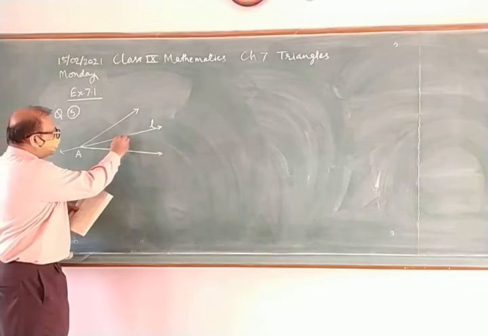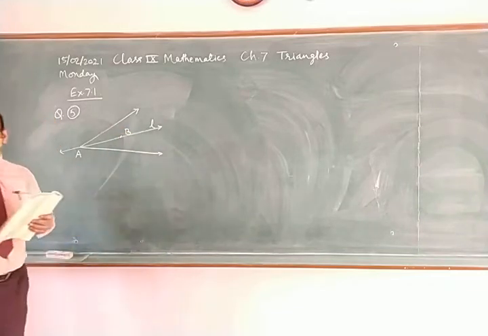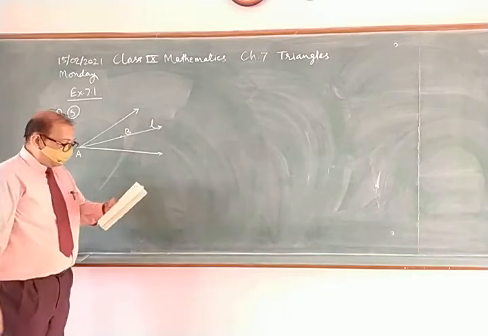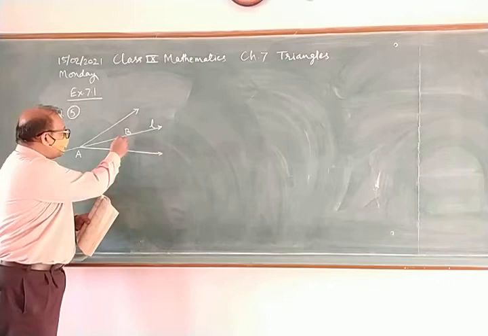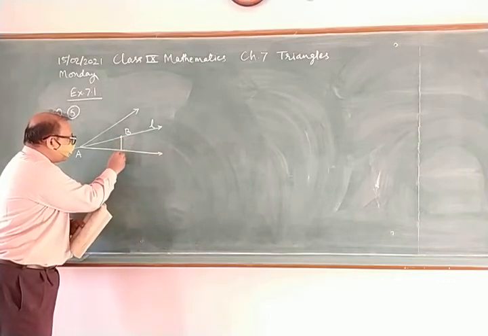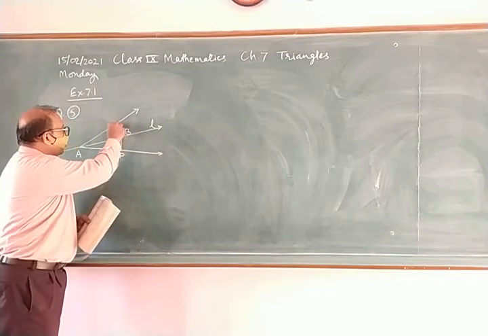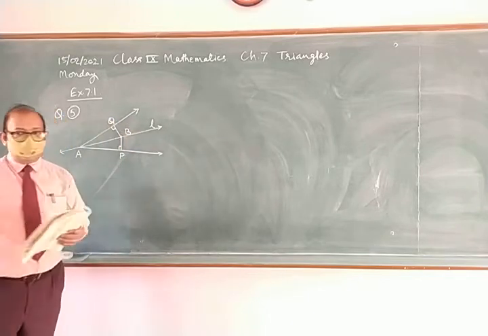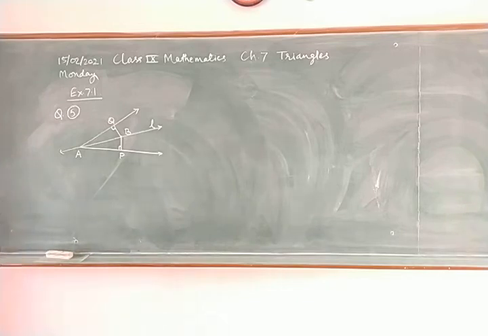Then BP and BQ are perpendicular from B to the arms of angle A. These are the perpendiculars.